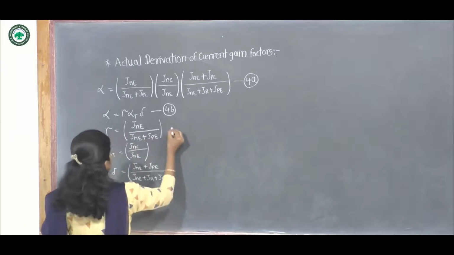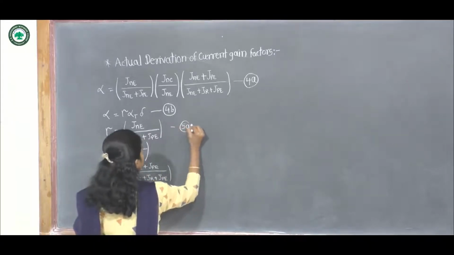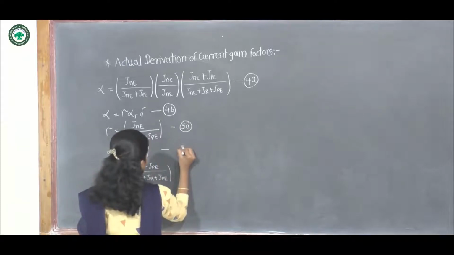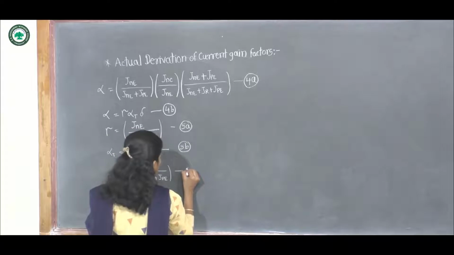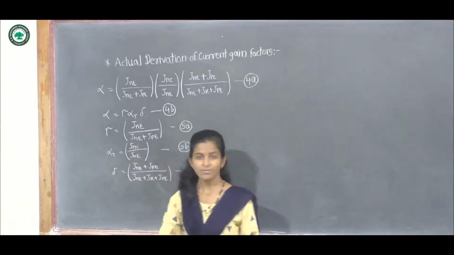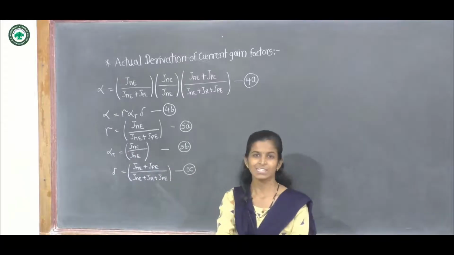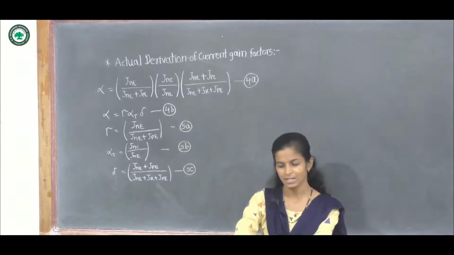So this is equation number 5a, this is equation number 5b, and this is equation number 5c. Equation 5a is nothing but the emitter injection efficiency factor.